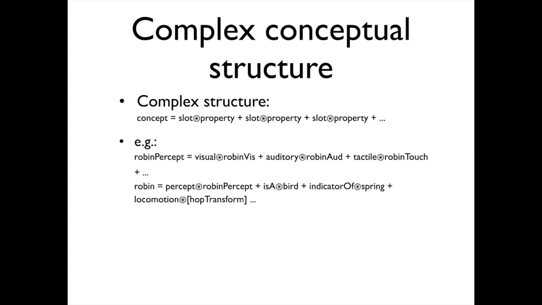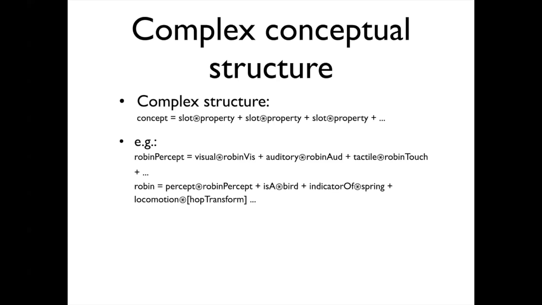We can think about all the parts of a robin. And when we begin to cash out what one of these concepts might include, it tends to get to be much more than 8 slots and fillers. So of course, 8 isn't the limit, but the question is, what is the limit? And if we run into that limit, what are we going to do, right?